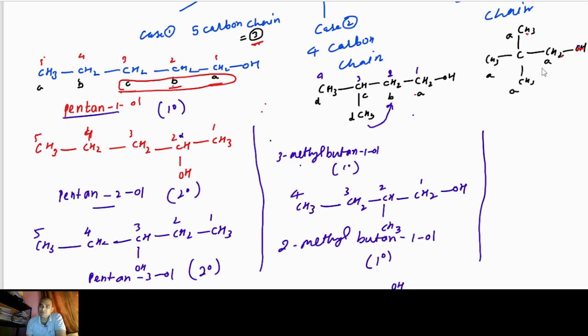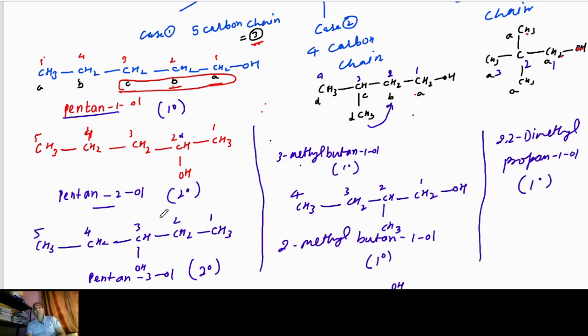So what is the name, student? 1, this is the 2, this is the 3. So 3 carbon, so 2,2-dimethyl, student, 2,2-dimethylpropane, propan-1-ol. So what is the degree? 1 degree, student, keep in mind.